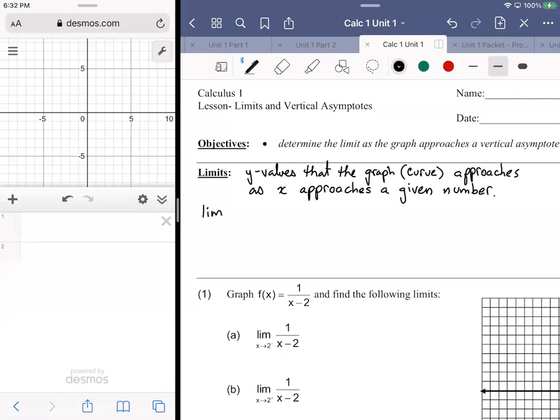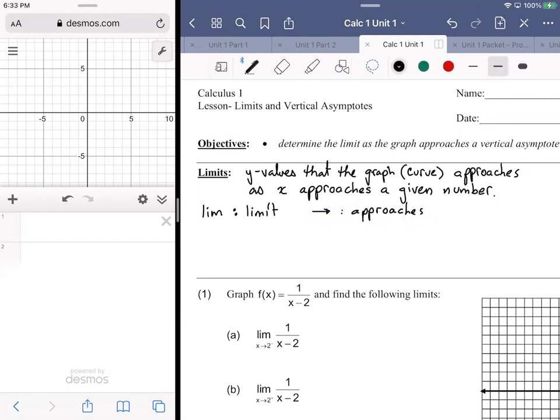LIM stands for limit. A sideways arrow means approaches. L is another representative of limit.